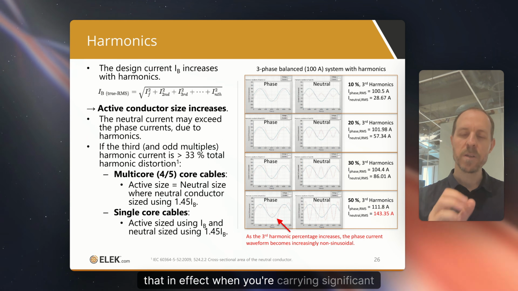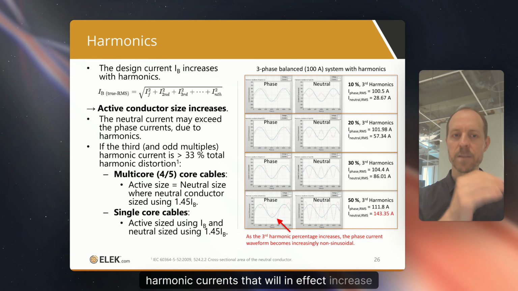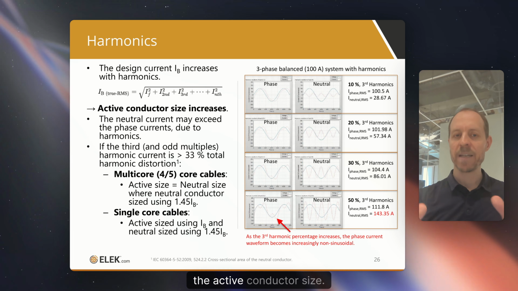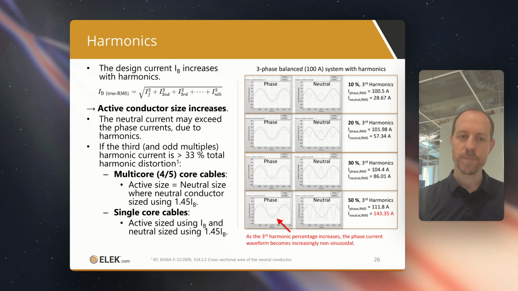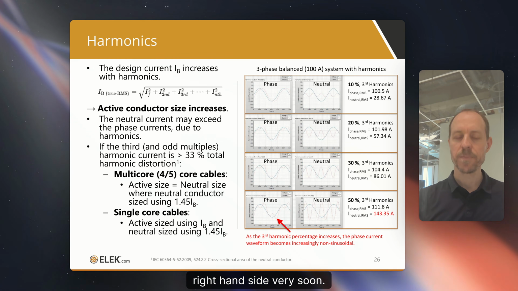When you're carrying significant harmonic currents, that will in effect increase the active conductor size. And I'll explain the example shown here on the right-hand side very soon.